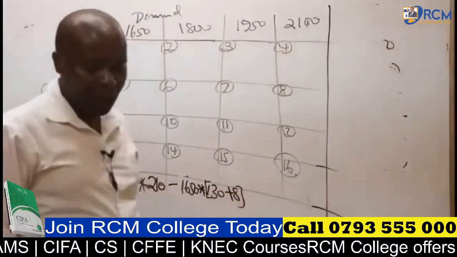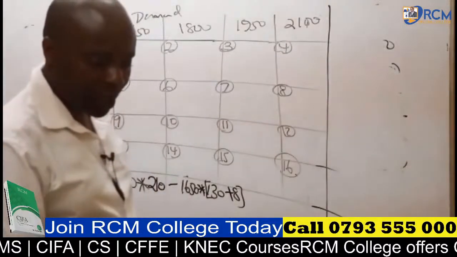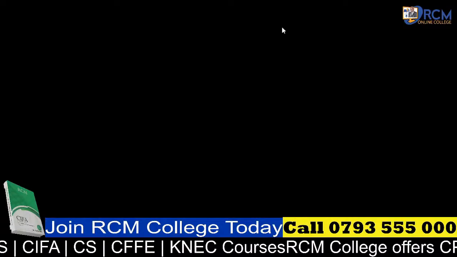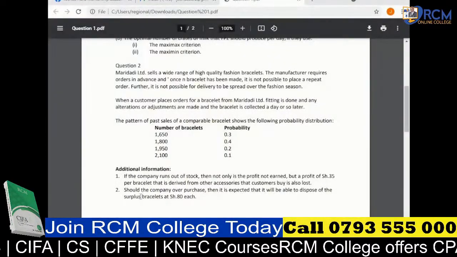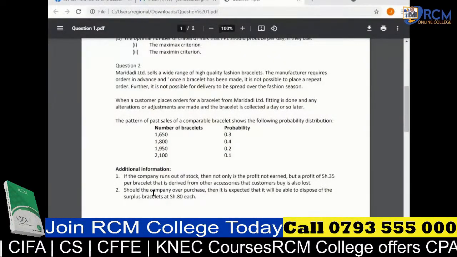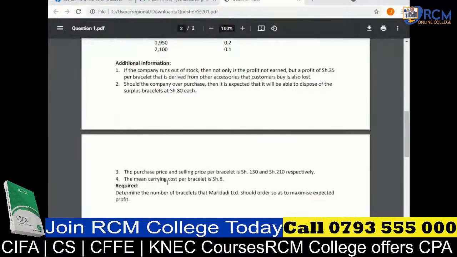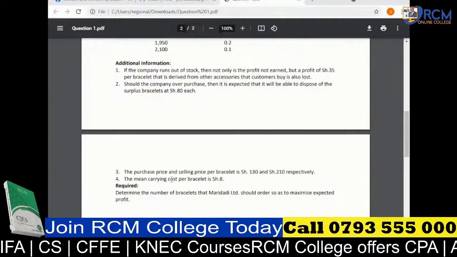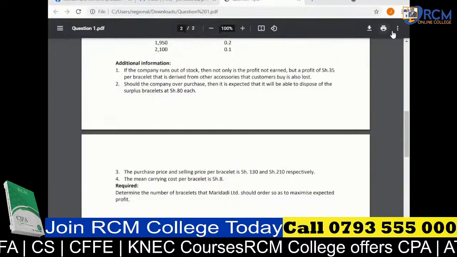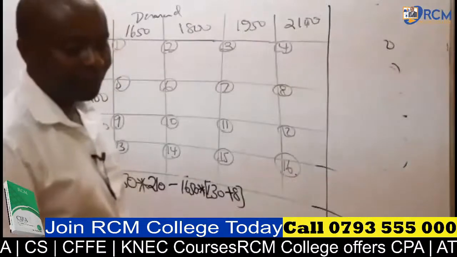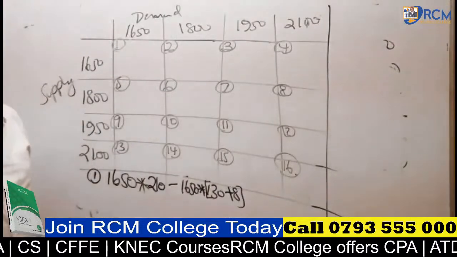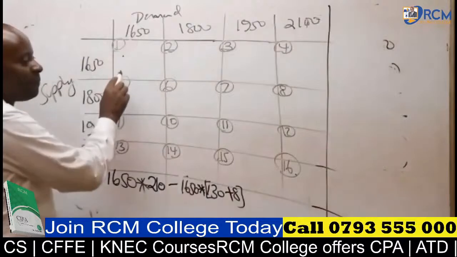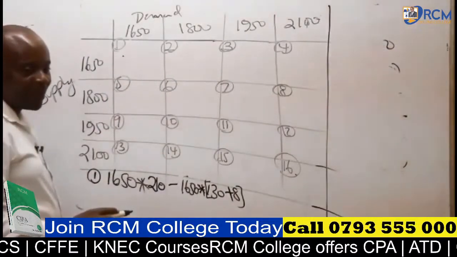They've told us here the mean carrying cost. Carrying cost is the same as holding cost, for those of you who remember it from inventory management. So that gives us how much here?